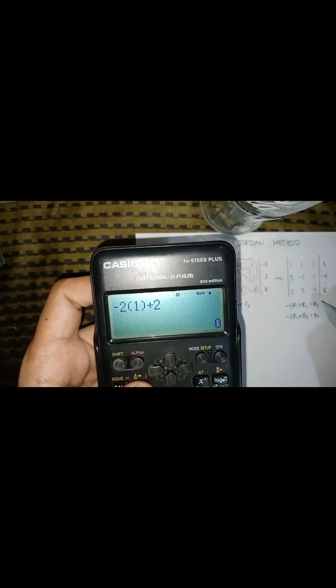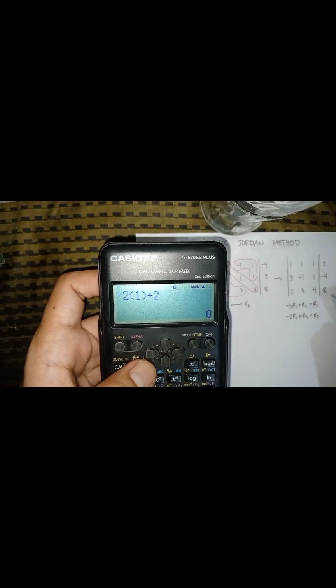Now in column 1, we have 2 zeros, right? So these right here are now zeros. We just have to do the computations in column 2, column 3, and column 4 in row 3. Okay, so it is now complete. We now have the 2 zeros in column 1, in row 2 and row 3.